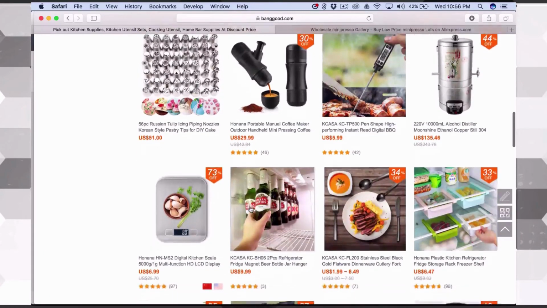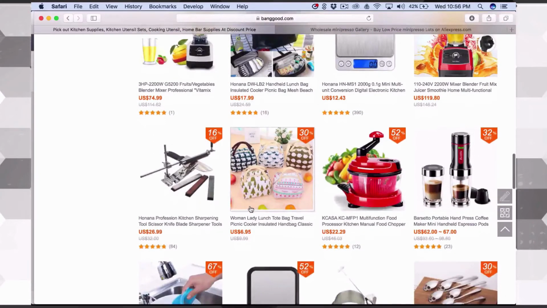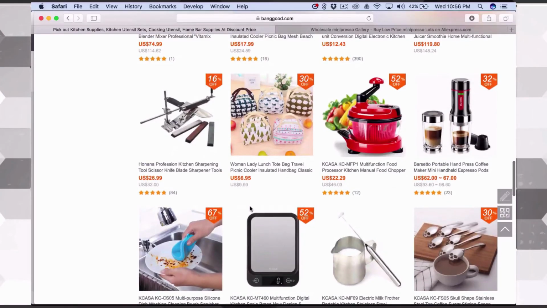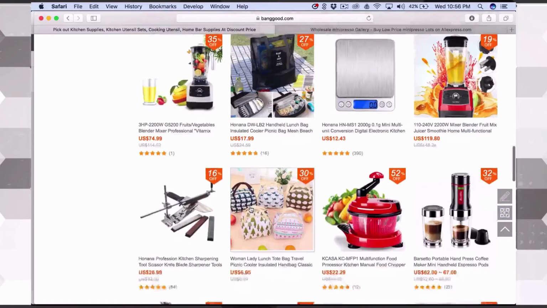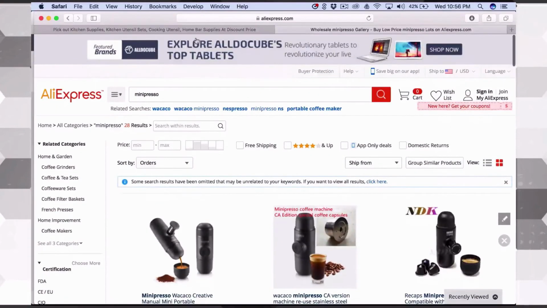So let's see here. This is just home and kitchen, guys, so we can get some super good ideas just from looking at this, and then we can go to another category if we don't find anything, but I'm sure that you can find products. And guys, if you see something here, you might want to compare prices here to AliExpress.